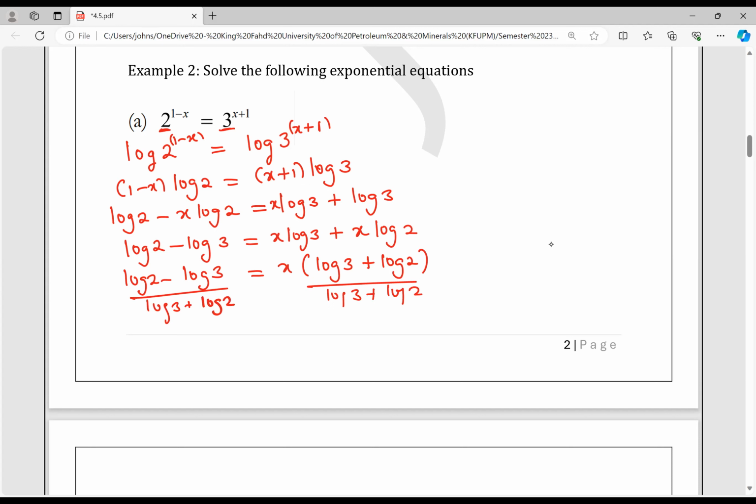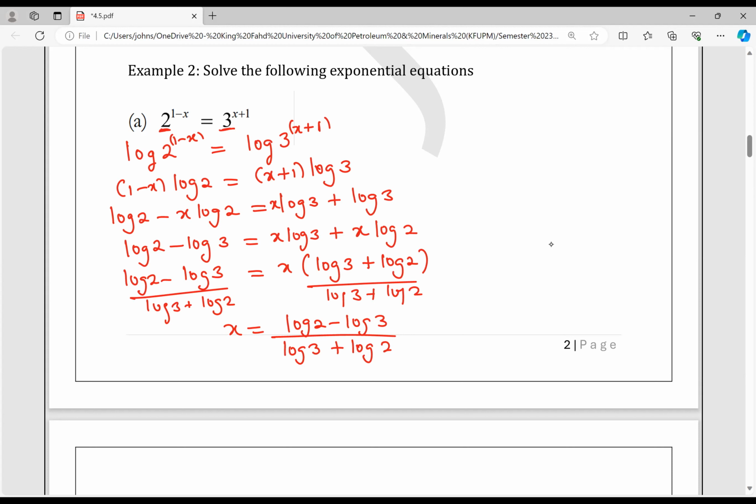So what that means is that x is just log 2 minus log 3 over log 3 plus log 2.